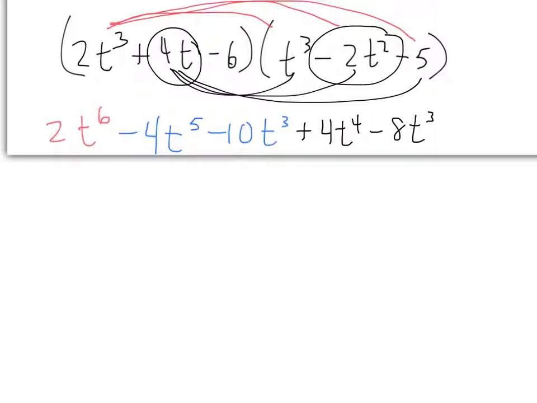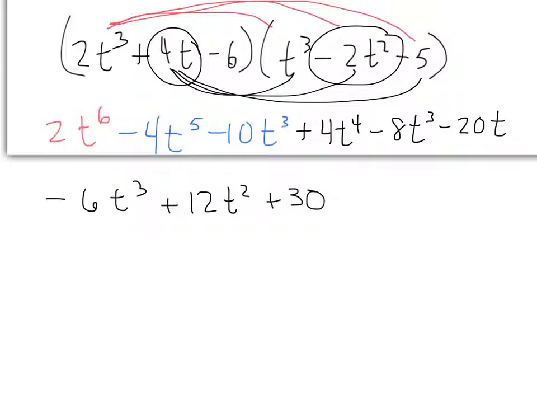Very good. And then 4t times negative 5, Niall. Negative 20t. And we're almost done. Now we have to take the negative 6 and distribute it to all three, giving us simply negative 6t to the 3rd plus 12t squared plus 30.